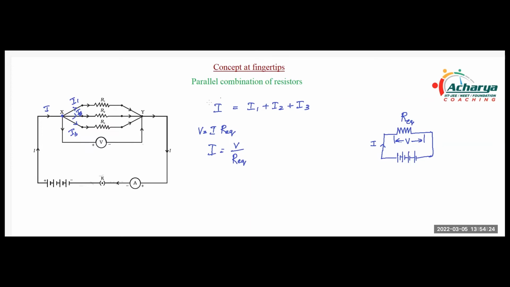So substituting it in this equation, we can say V by R equivalent equal to I1 plus I2 plus I3.